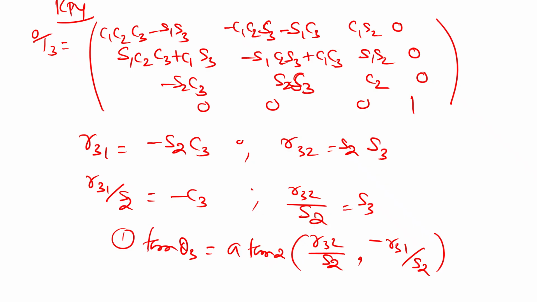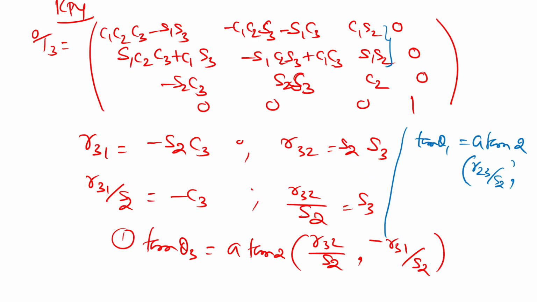So let's use this one. For theta 2, first you get theta 1. How do you get theta 1? Tan theta 1 equals arc tan 2 of, in terms of R21, R22, R23, R23 by S2, comma, then here you have C1, so it is S2 again, R13 by S2.